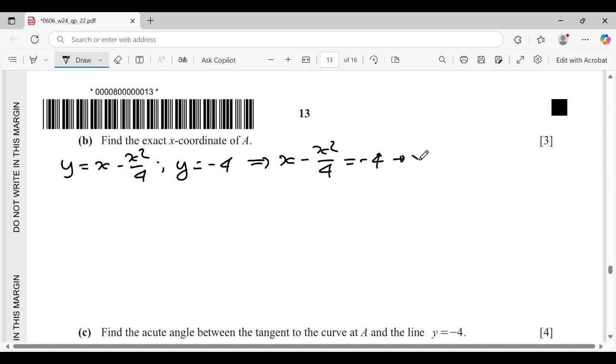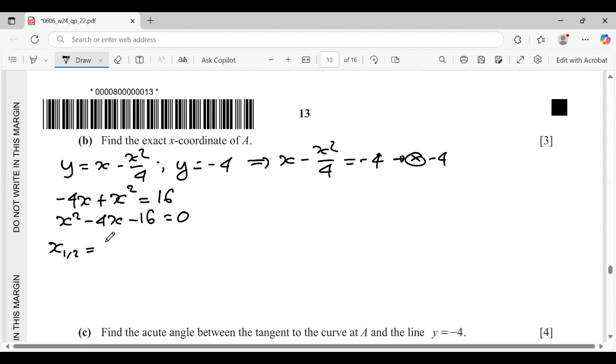If you multiply by minus 4, this equation becomes minus 4x plus x squared equals 16, or x squared minus 4x minus 16 equals 0. By the quadratic formula, we are going to find the roots.